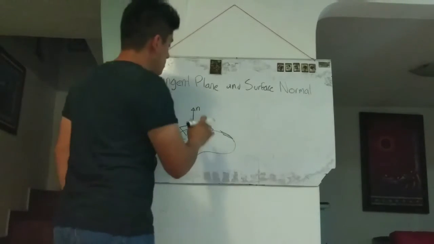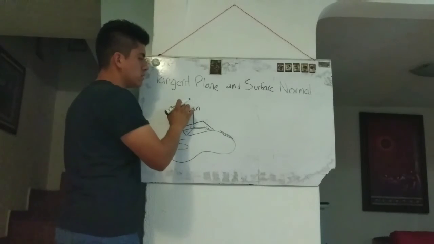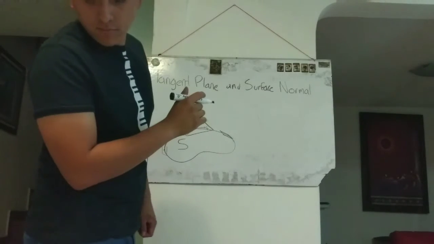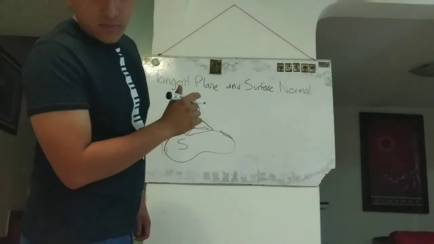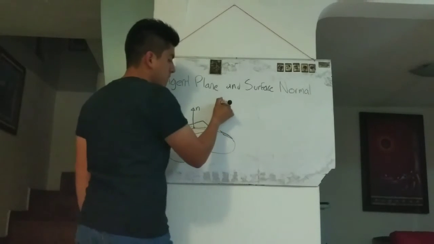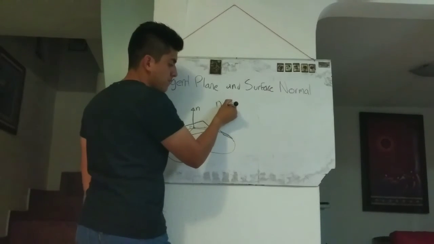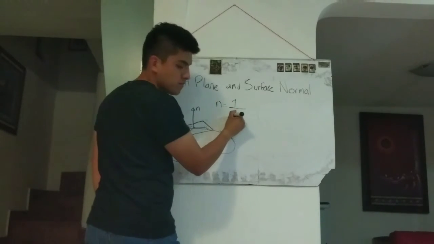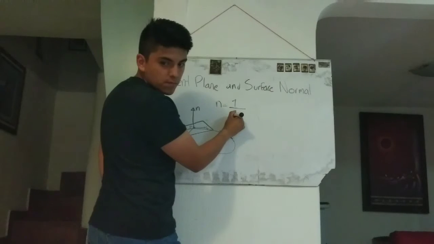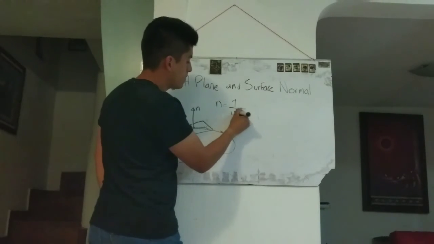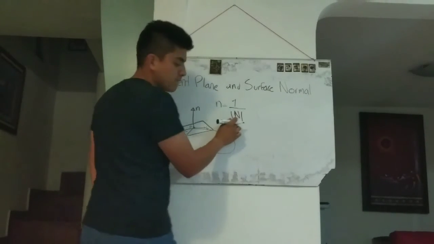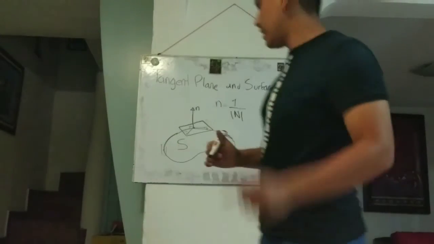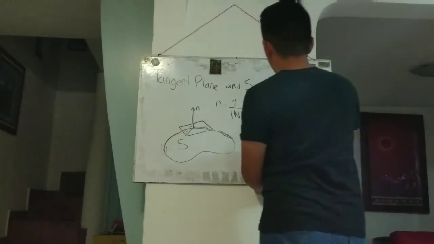So this is our unit normal vector given by this. And our N is going to be obtained by this.